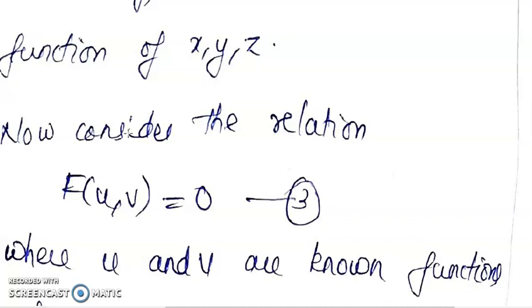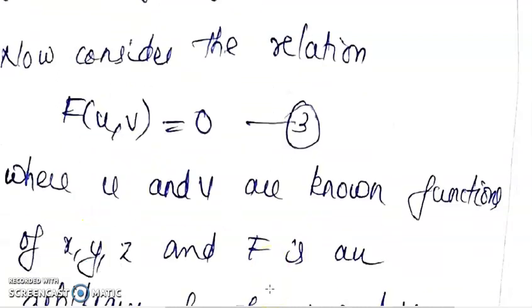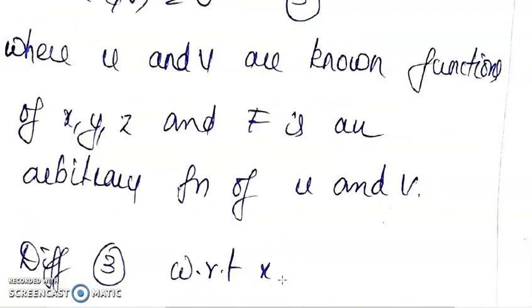So that implies both will have the same solution. So now we'll start with f of uv equal to 0. Now u and v are functions of x, y, z and f is an arbitrary function.